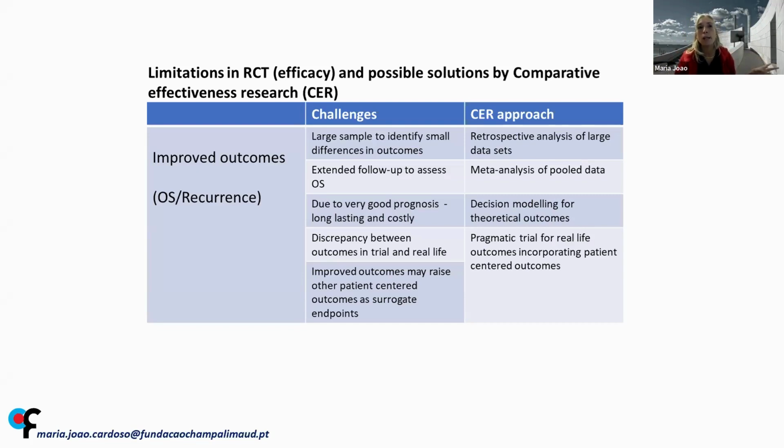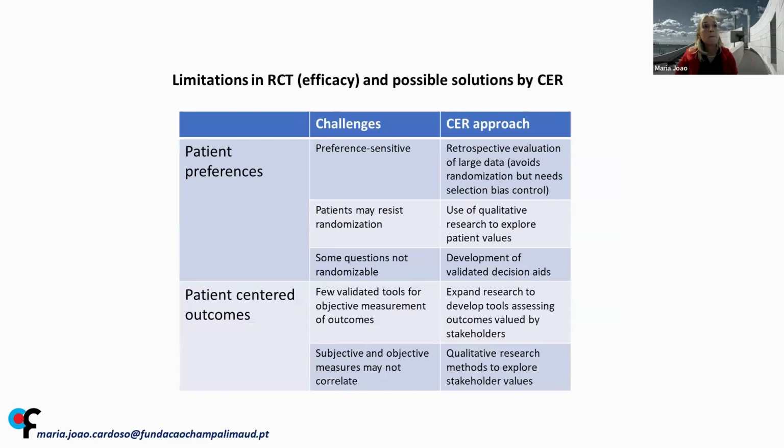That's why in surgery we tend to use retrospective analysis of large data sets, meta-analysis of pooled data, decision modeling for theoretical outcomes, and pragmatic trials for real-life outcomes, incorporating patient-centered outcomes.